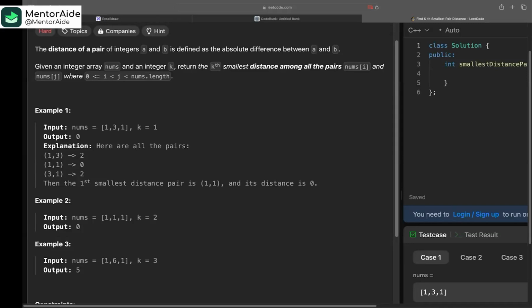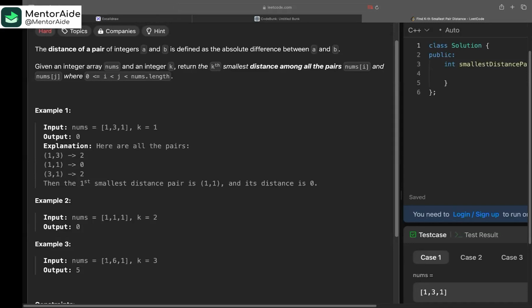If you find that there are k pairs which have a distance lesser than the mid, that means you have already found the answer. So the number of pairs will tell me at what position of my distance I am. Here we don't need to return the pair, we only need to return the distance. So we don't care what the pair is.